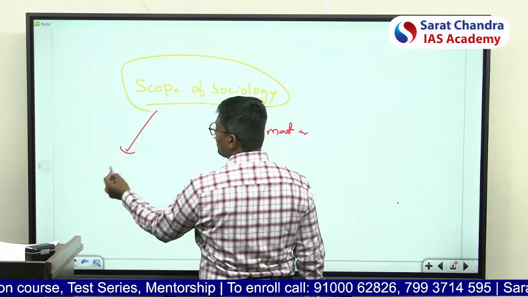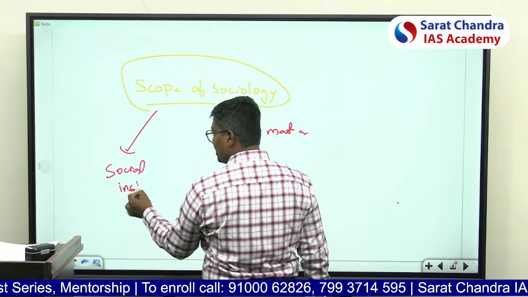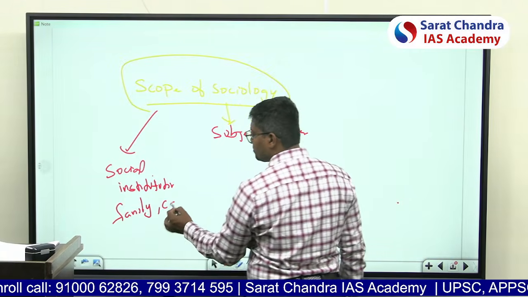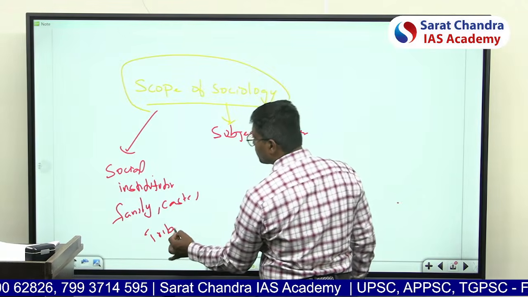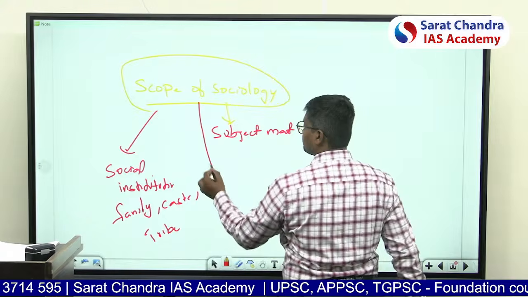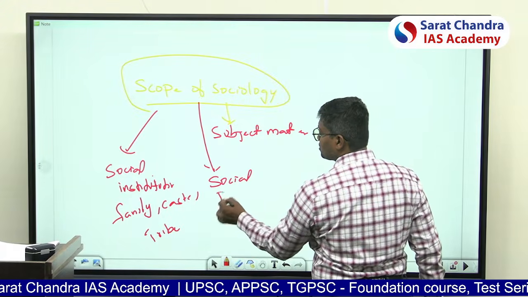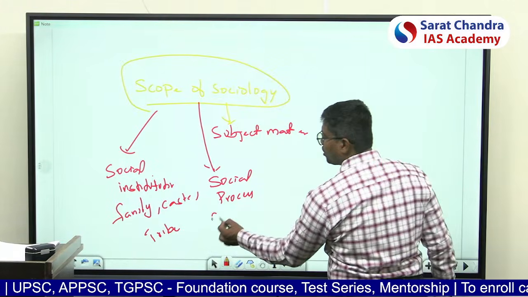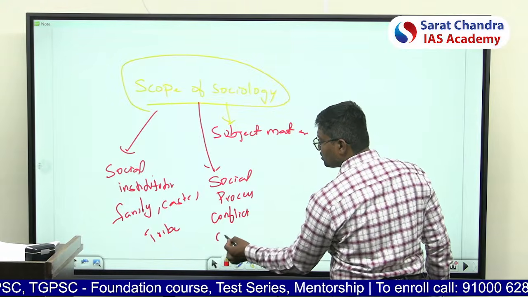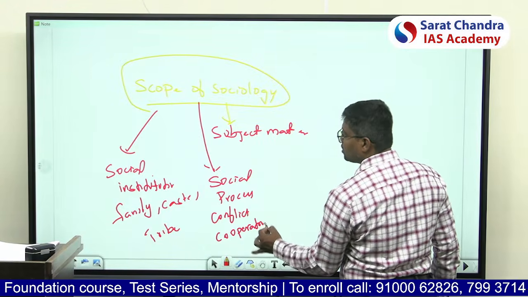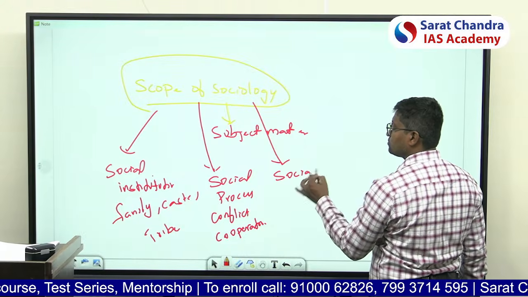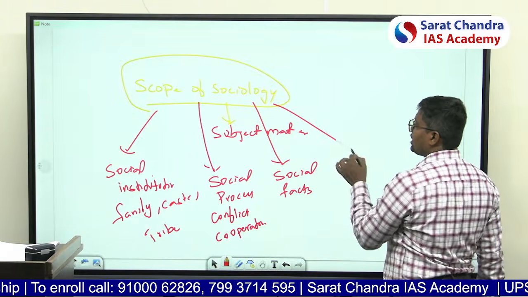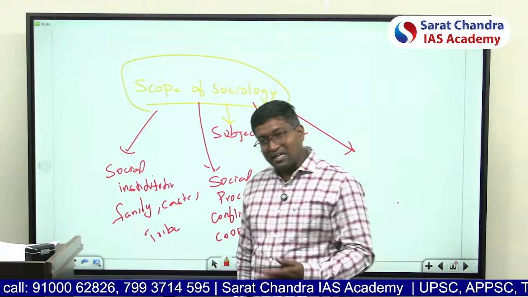In the scope of sociology, you have social institutions. Yes or no? Sociology studies family, caste, tribe. Next, social process. Under sociology we study social process: conflict, cooperation. Next, social institution, social facts, social pathologies.